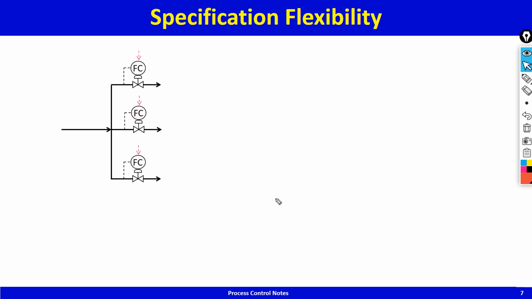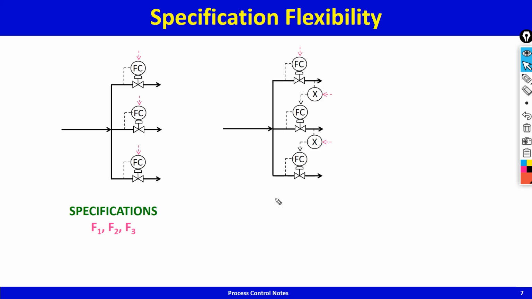For example, for this very simple splitter, where a feed flow is split into 3 flows, the way the control structure is drawn there, the specifications are flow in the first leg, flow in the second leg, flow in the third leg. First split, second split, third split. You could have, for example, this.